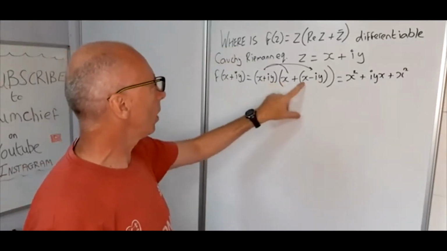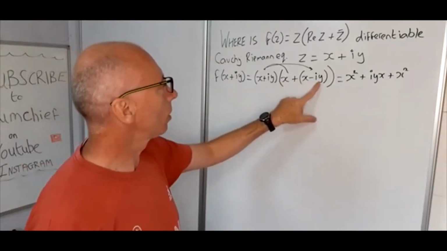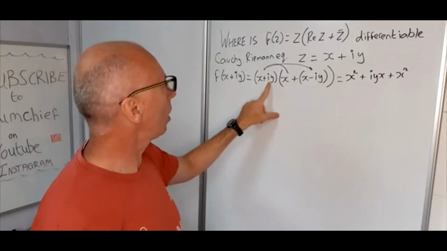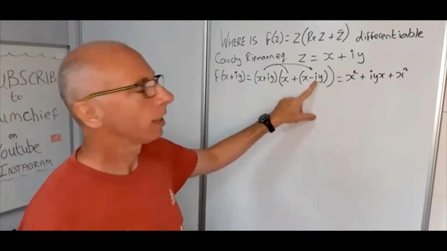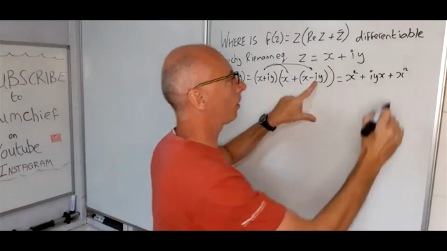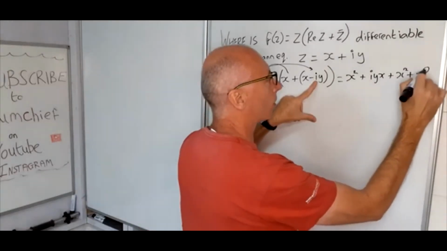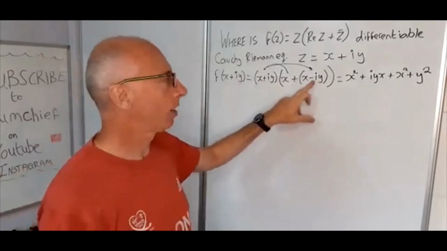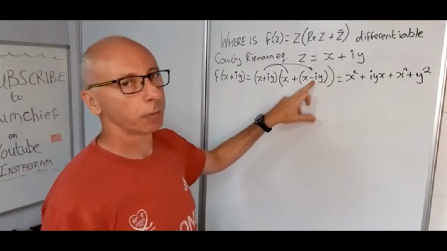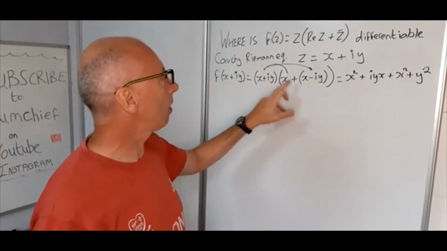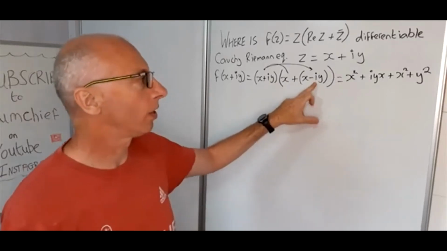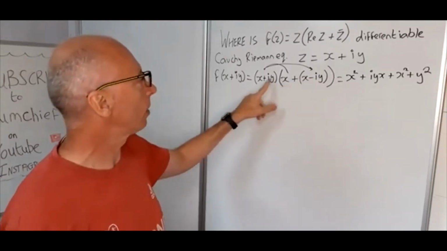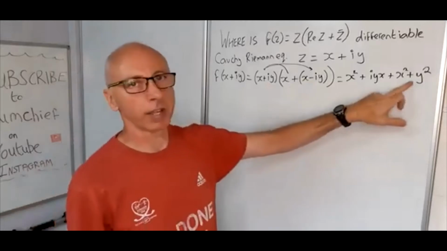So x squared and the iy squared. So iy times minus iy will give us positive y squared. Now when it's a positive and a minus multiplied together, that would normally be yielding negative, but when it's i, because i squared is minus 1, that then gives us two negatives and a positive, hence why we get the plus y squared.